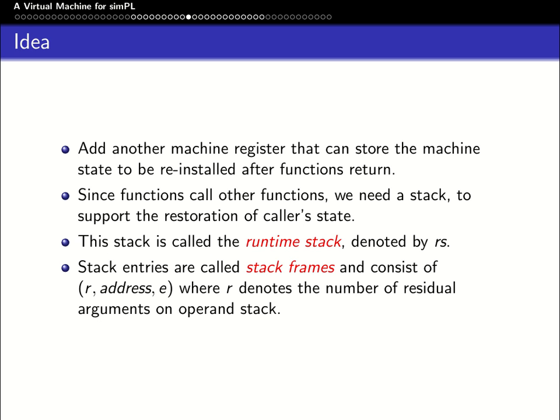So this is what we call the runtime stack. It's going to remember the place from where the call occurred in the code and be able to return right there.